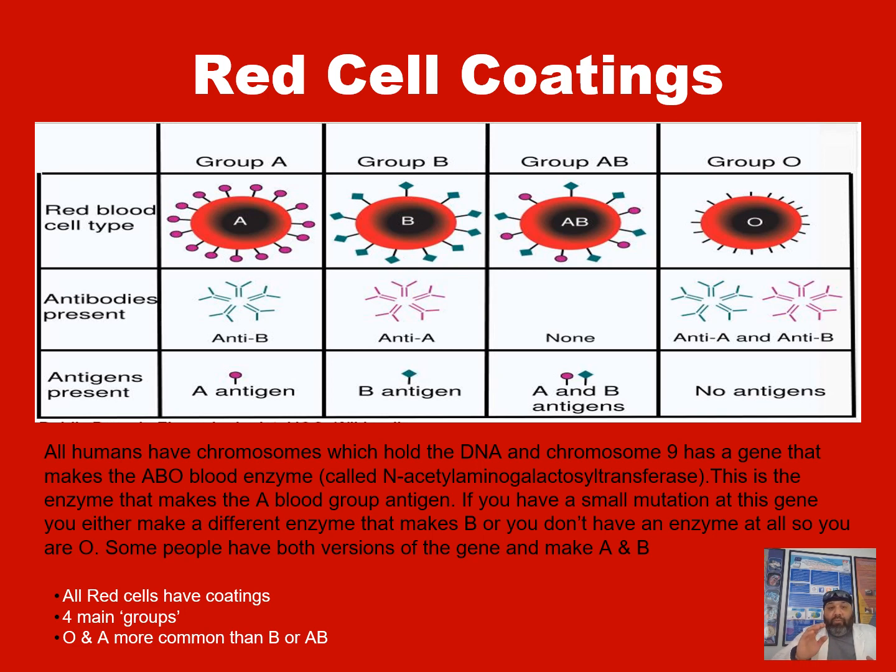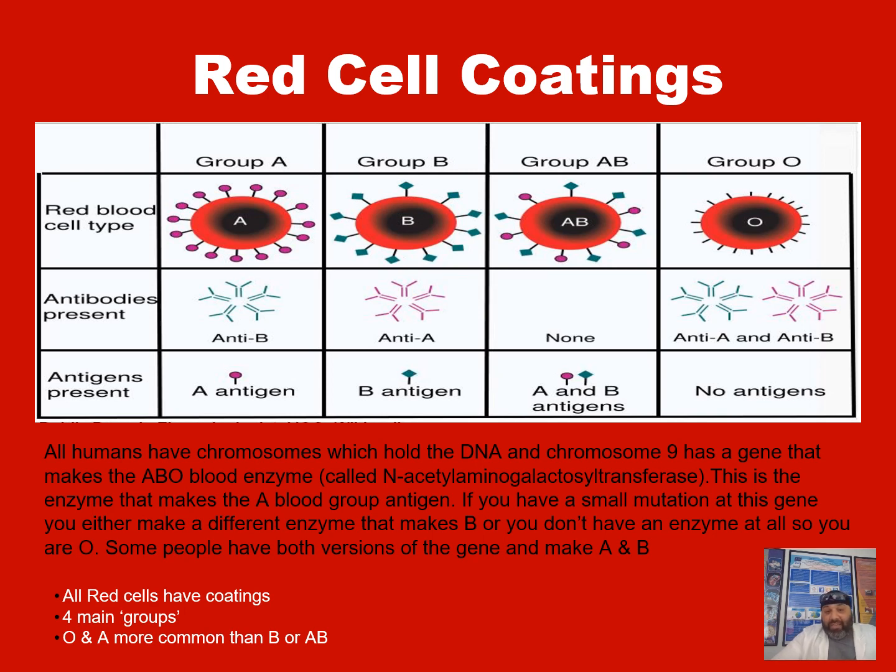In red blood cell type group A, those who are blood group A, the antibodies that are present are anti-B, and the antigen that is present is antigen A. In group B, those who are blood group B, the antibodies that are present are anti-A, and the antigen that is present is B antigen. In group AB, those who have components that link to both blood group A and blood group B, the antibodies that are present are none.